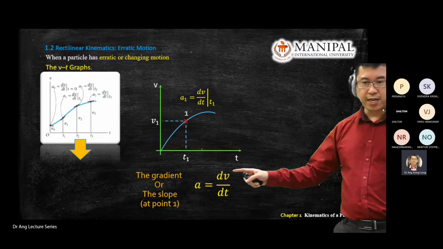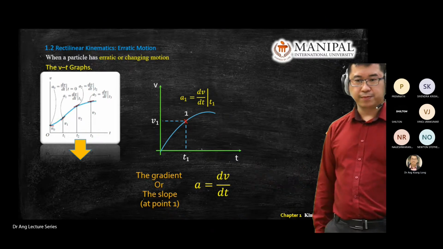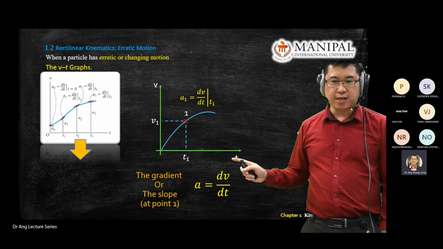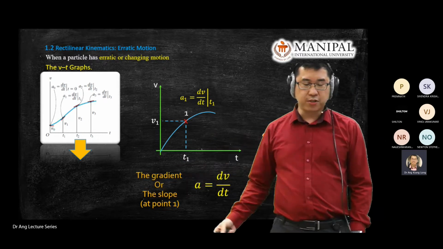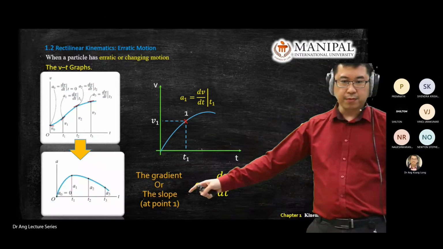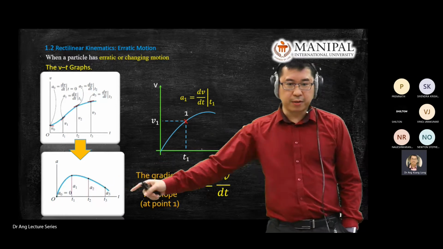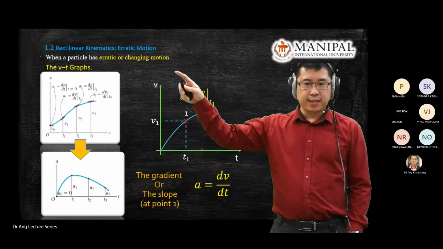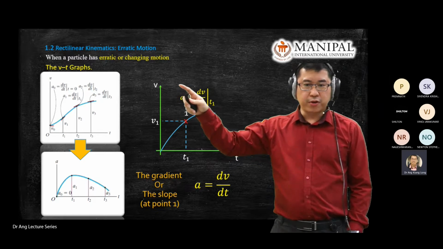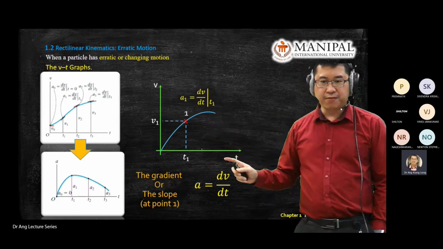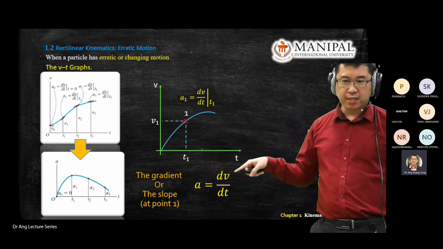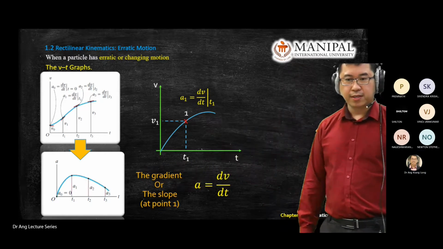This is another differentiation equation that can help you convert a V versus T graph into an A versus T graph. Again, ignore the shape of the curve there. The important point is that there is a procedure to convert a V versus T graph into A versus T by using this equation.